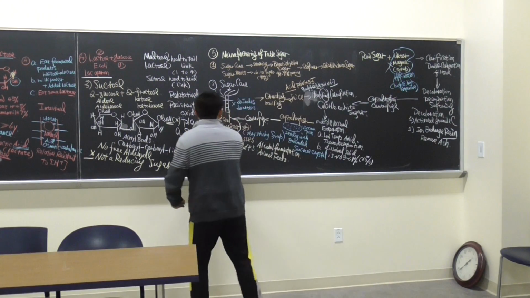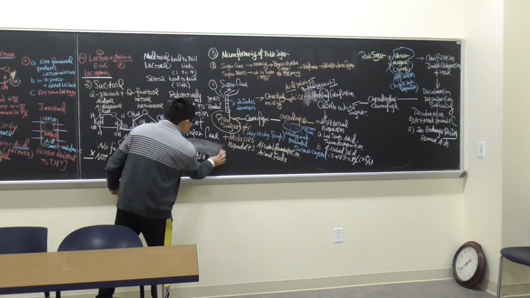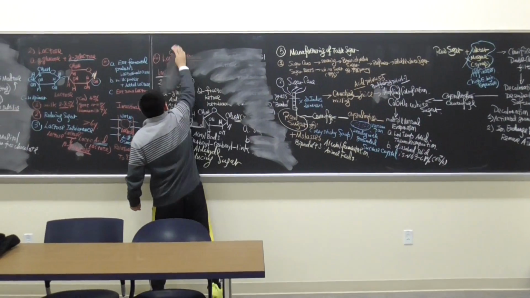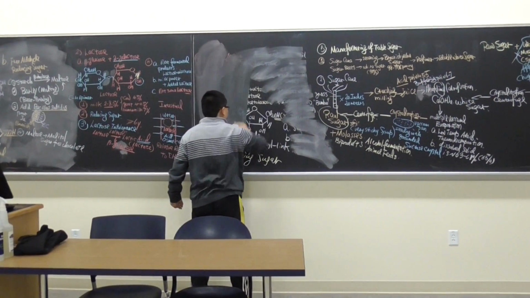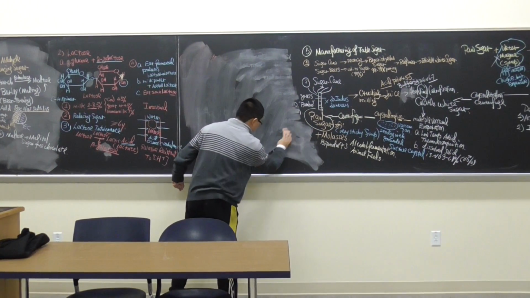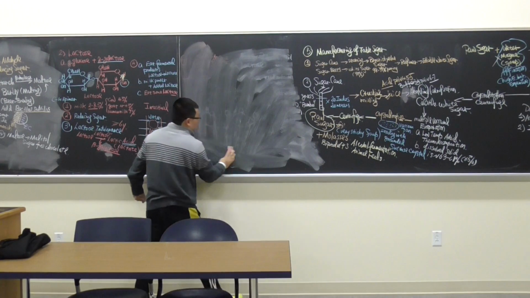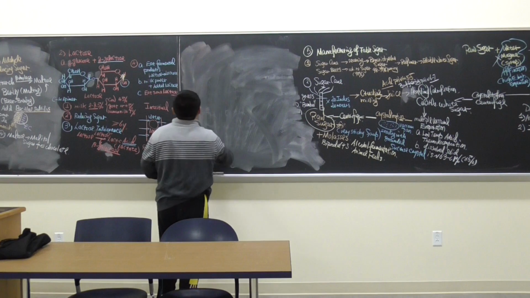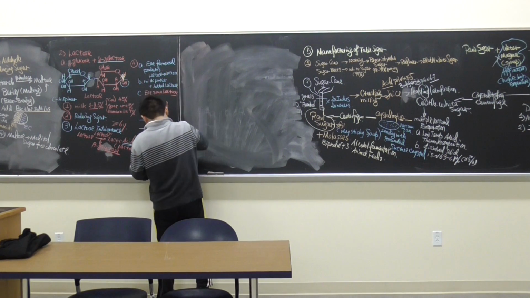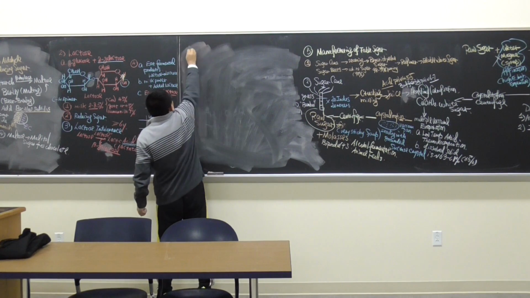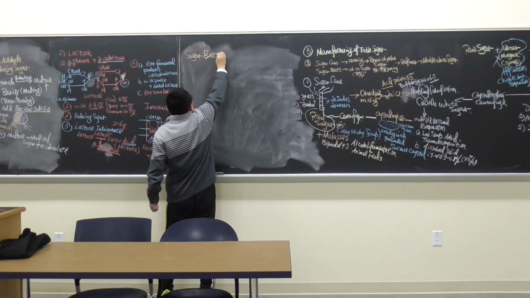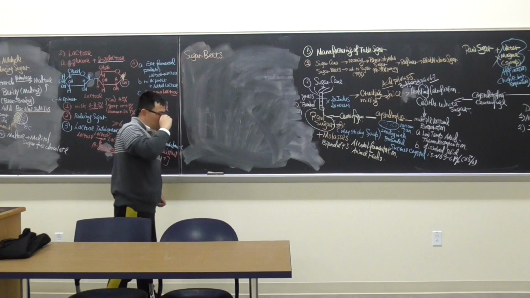Sugar beets is very similar, a little bit different. The procedure is kind of similar, so I'm going to draw a little bit, briefly. Okay, so we have a sugar beet. What does a sugar beet look like?